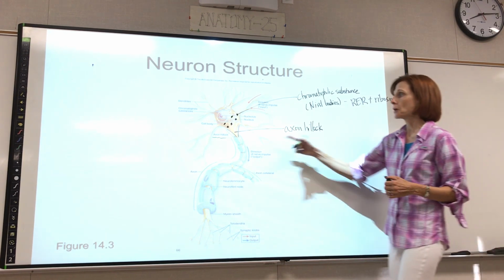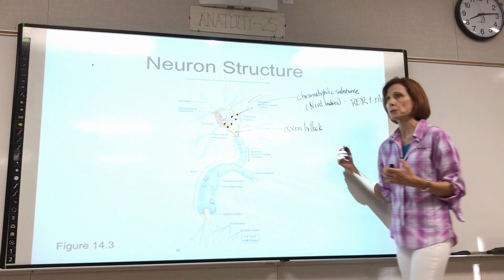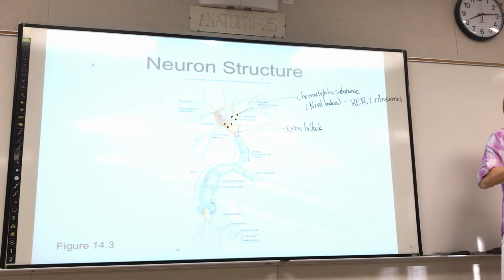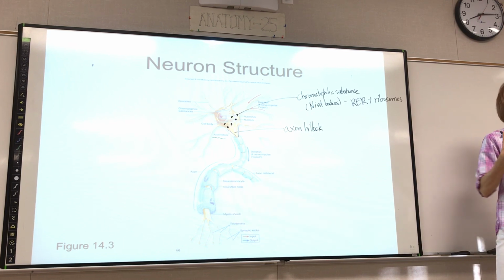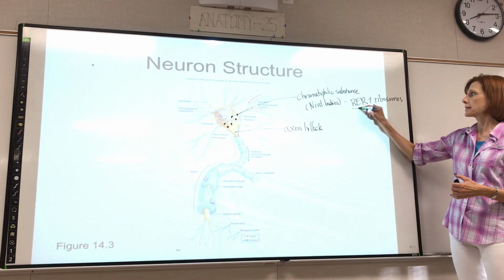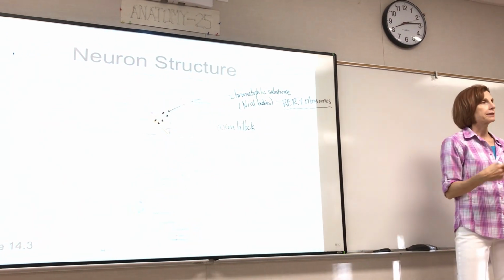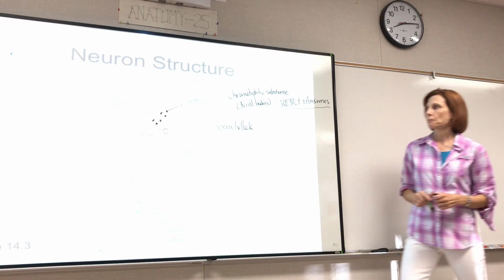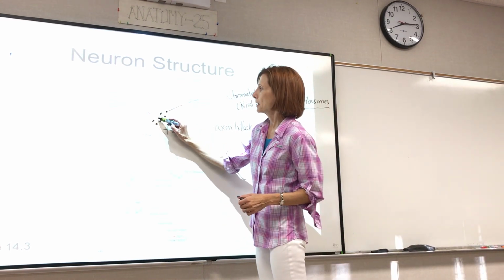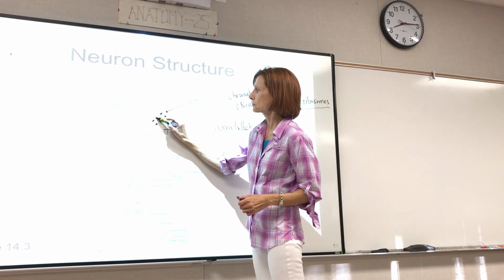The reason why neurons have a lot of ribosomes is because the action potentials travel along the cell membrane. So their membrane tends to wear out over time. And so they're always replacing parts of the membrane, and so that is why they have a lot of rough endoplasmic reticulum and free-floating ribosomes. Okay, and that's what that splotchy looking stuff in there is.